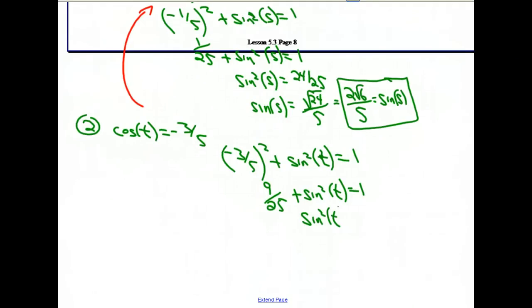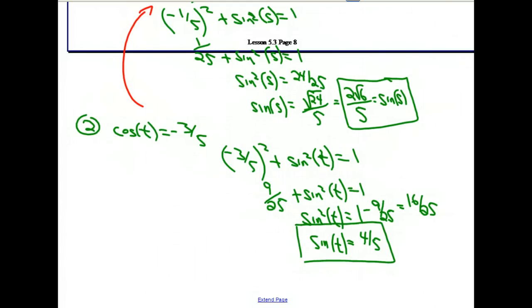I get the sine squared, 1 minus 9/25. Let's see, 1 is 25 over 25. 25 minus 9 is 16. Well, this one will come out nicely. I take the square root, and the sine of t is 4/5. And again, we're in the second quadrant, so we know that's positive.